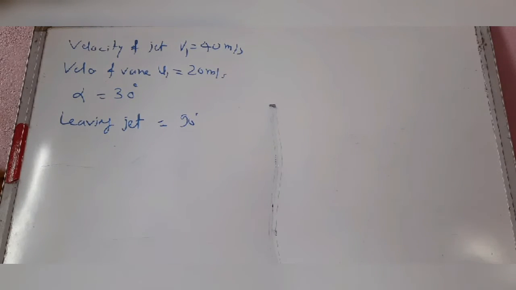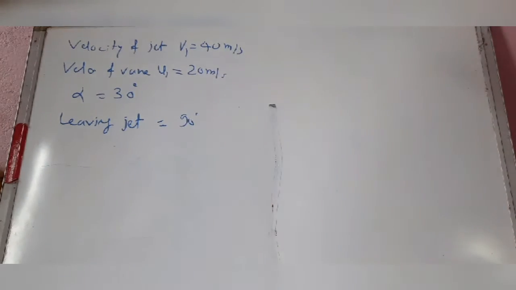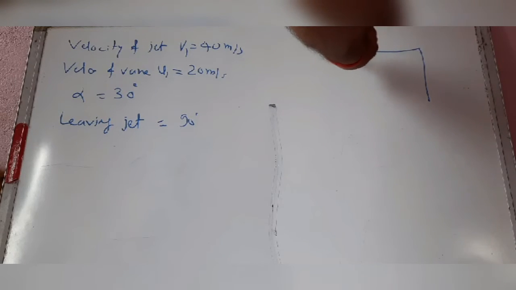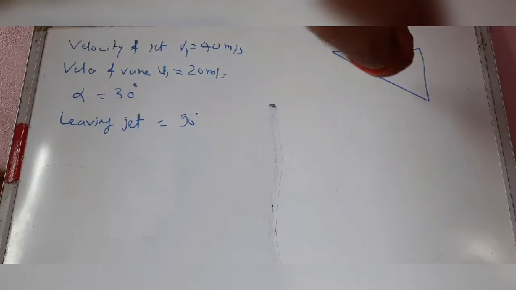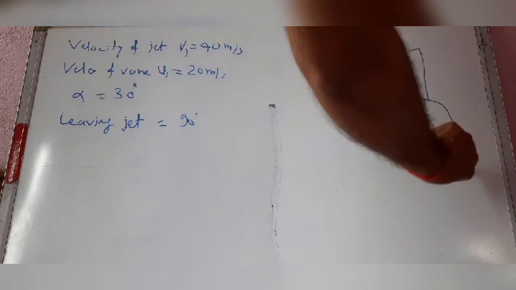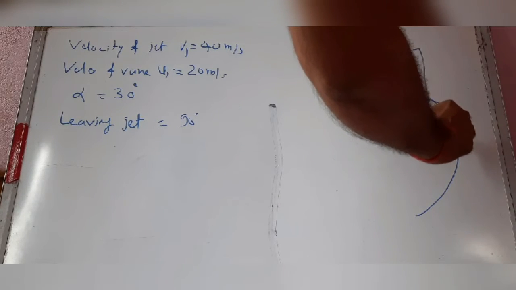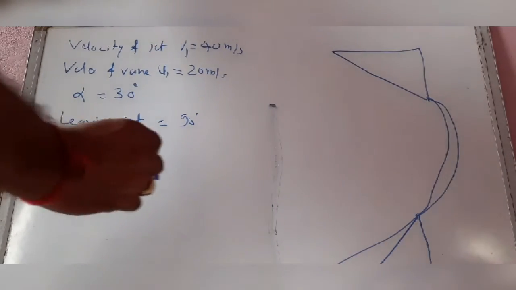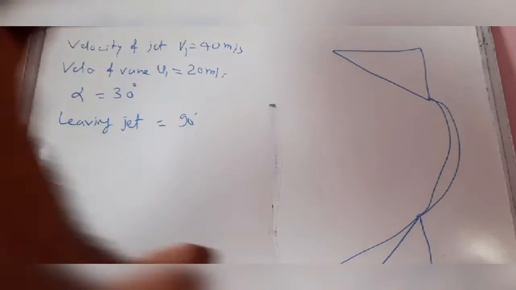So here we have to draw the inlet and outlet triangles of this question. So we see this is the outlet triangle at 90 degree. It has been given, okay, and this is the vane, this is the inlet triangle. Like this. Okay. This is U1.